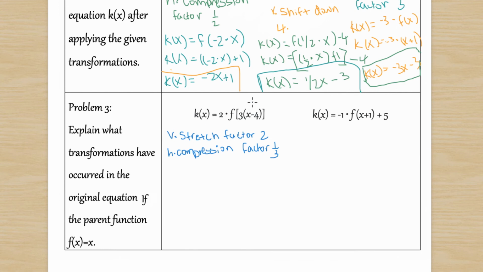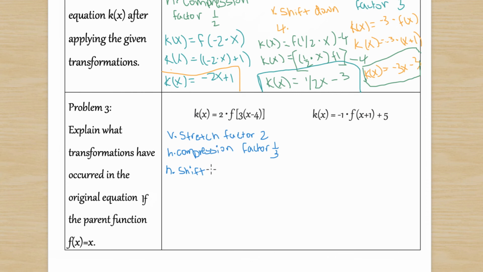The next thing that's affecting this is the 4 that's being subtracted from the x inside the parentheses. So this is going to be a horizontal shift because it's being subtracted and not multiplied. So it's moving positive 4, and positive indicates a right direction.